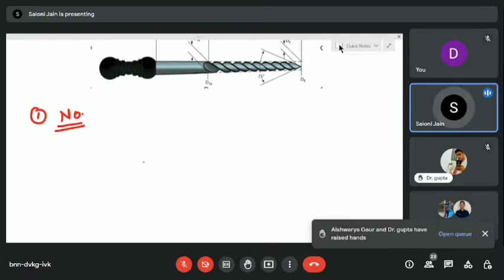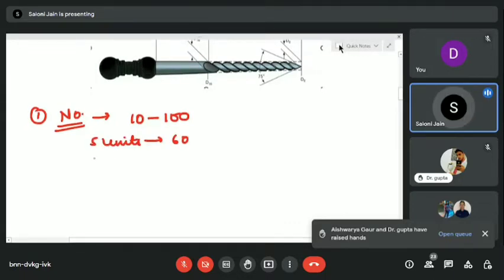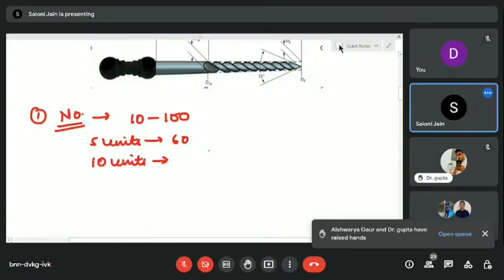They have said that the instruments are numbered from 10 to 100, and it would advance by 5 units till number 60, and it would advance by 10 units up to the size of 100. So this is the first thing, that they have divided the instruments numbered from 10 to 100, and it would advance by 5 units.